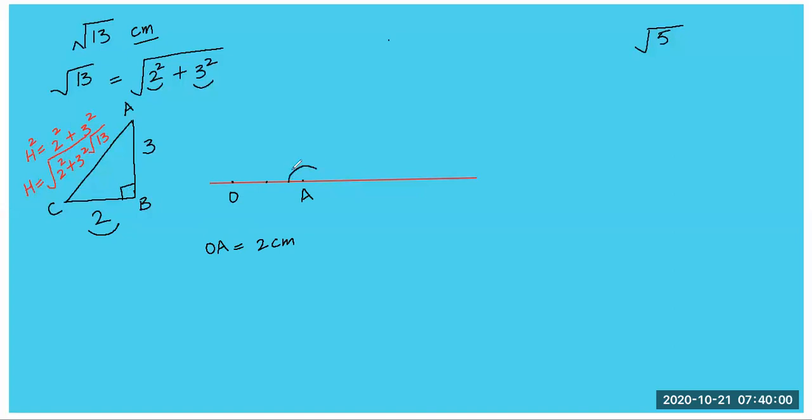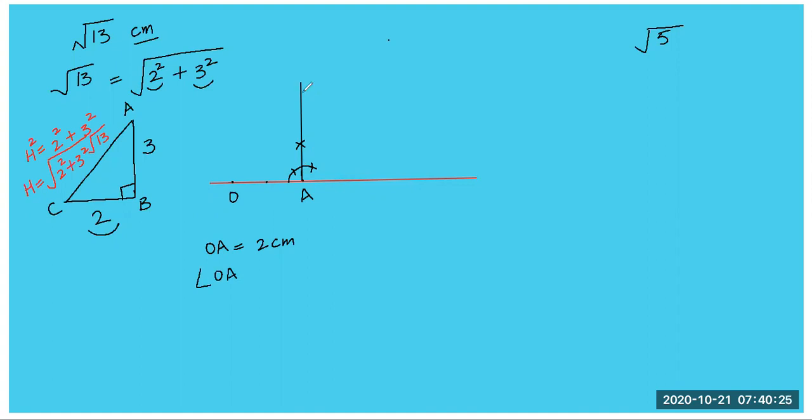Well, I know how to draw a right angle, 60 degree, 120 degree, and I will just draw this line which is perpendicular, right?